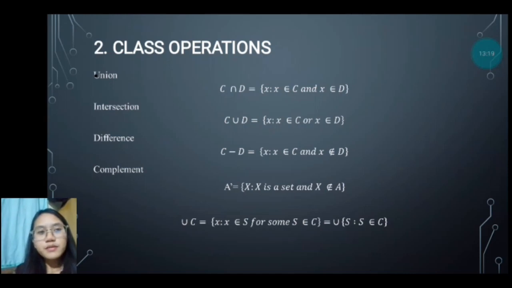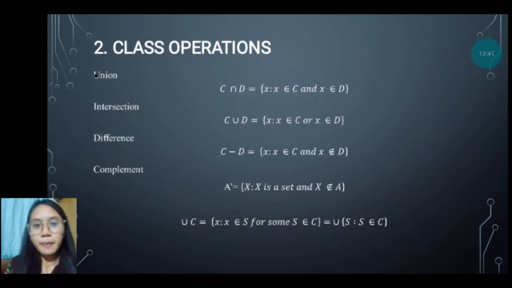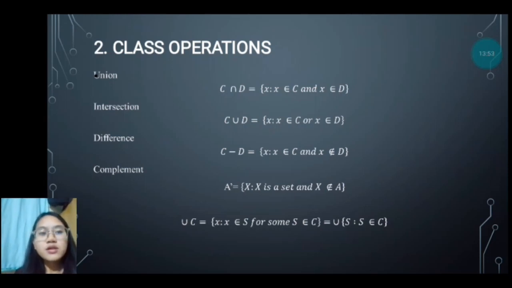The difference of C and D is a set containing X such that X is an element of C and X is not an element of D. While in complement, we have the complement of A, a set containing X such that X is a set and X is not an element of A. All the elements that don't appear in A is what the set will contain.